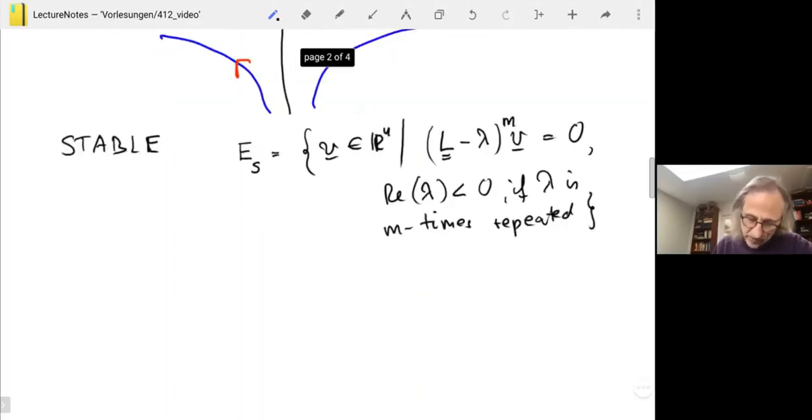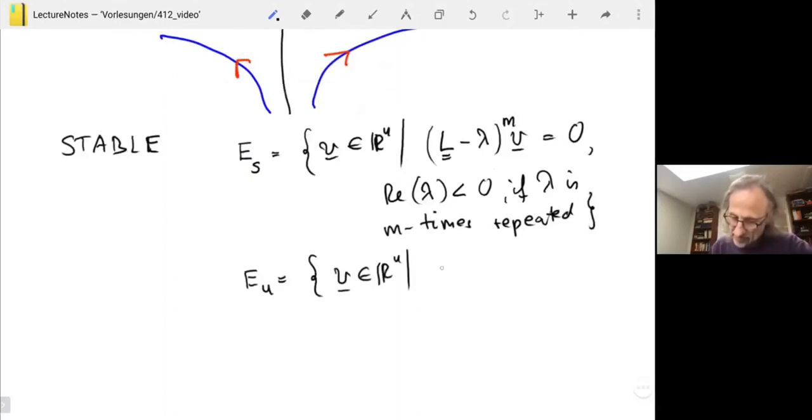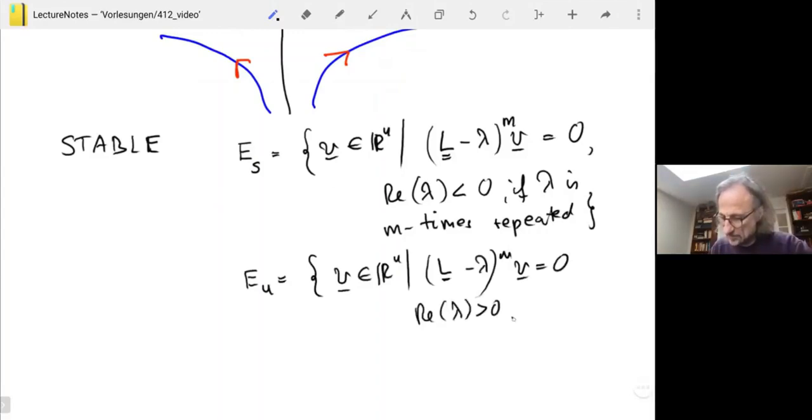And similarly, you would define the unstable eigenspace as those V's that satisfy (L minus lambda) to the mth power V equals 0, with the real part of lambda being positive, if lambda is m times repeated.